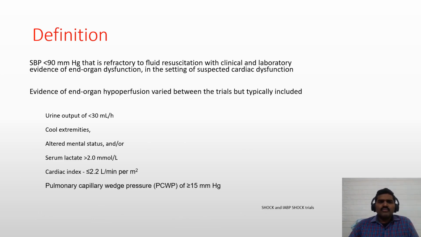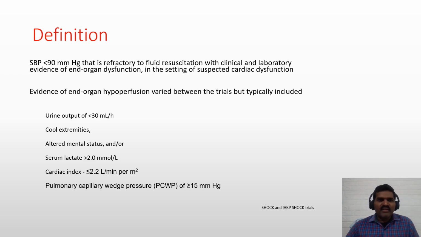So how is cardiogenic shock defined? Any systolic blood pressure less than 90 millimeters of mercury which is refractory to initial fluid resuscitation, with clinical and laboratory evidence of end organ dysfunction in the setting of suspected cardiac dysfunction, is called cardiogenic shock.